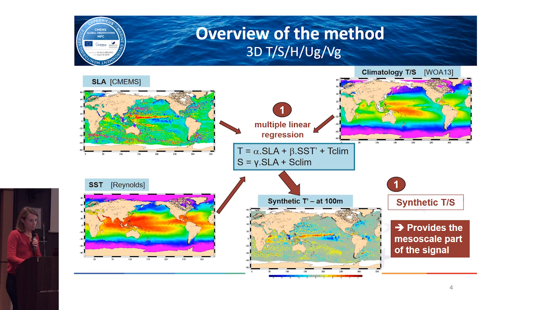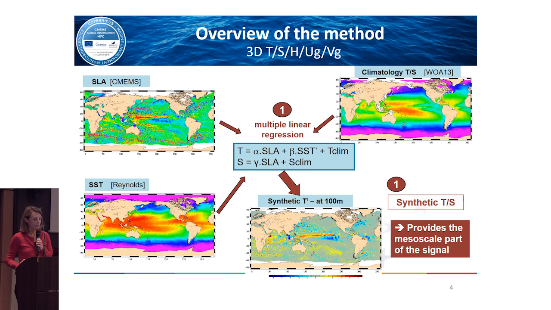Here it's an overview of the method. The method that is used to compute the 3D field is a 3 steps method. So we start with the climatology field, and we use a multilinear regression method to project onto the vertical the information provided by the satellite. For temperature, we use altimetry and also sea surface temperature, satellite observations. And for salinity, we use only, for the present time, information from altimetry.